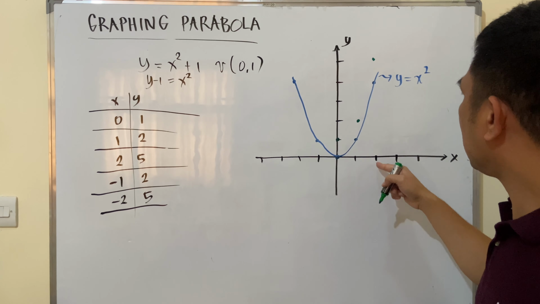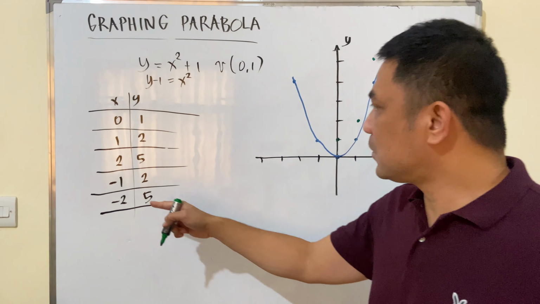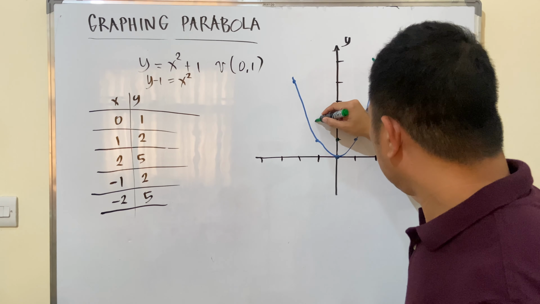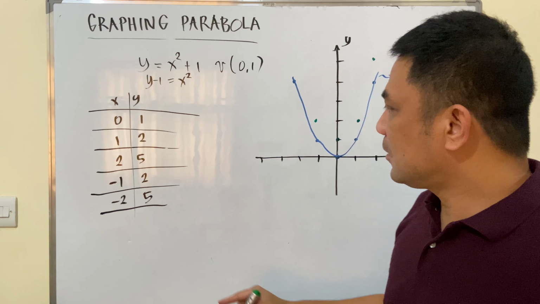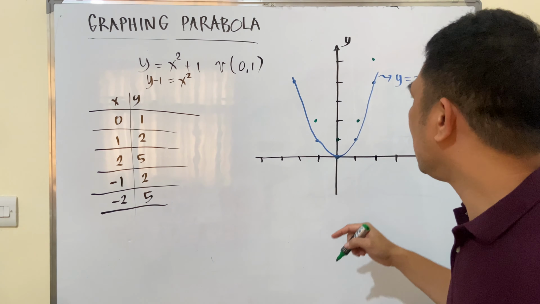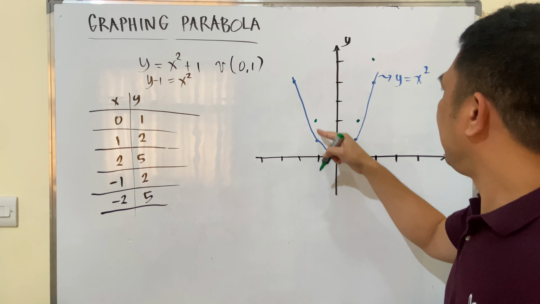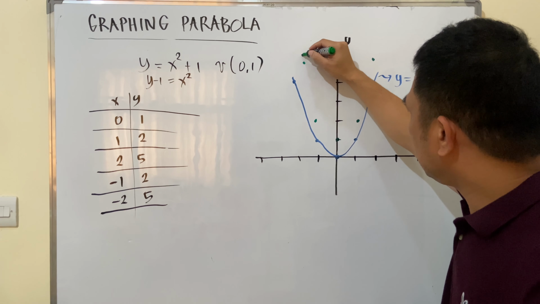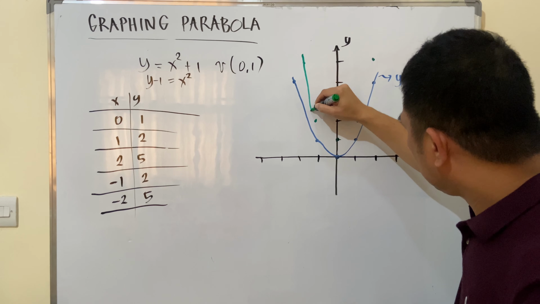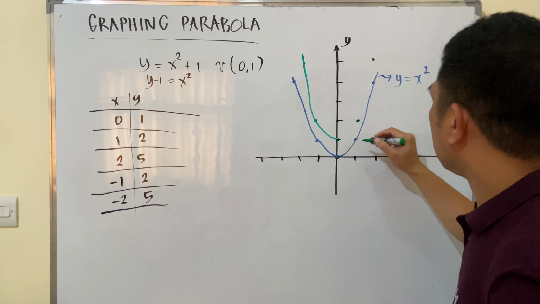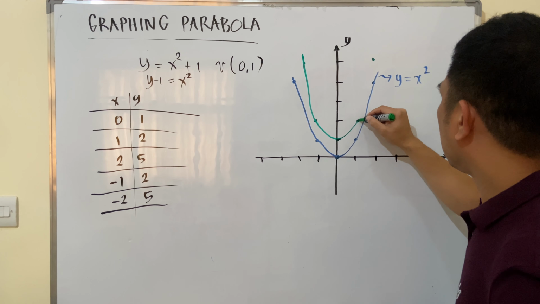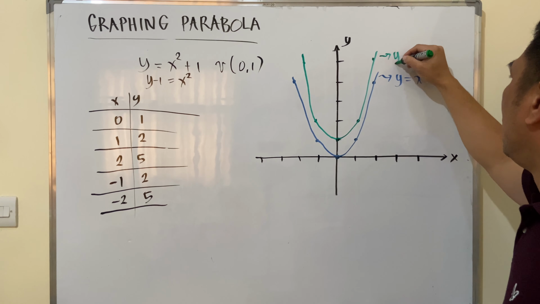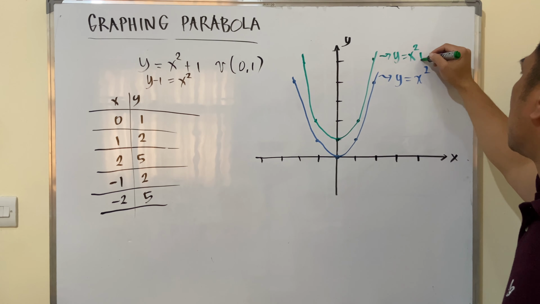Just want to make sure. At x equals negative 1, y is equal to 2. At x equals negative 2, y is equal to 5. So I'll try to connect these points. Okay, so this will now be y is equal to x squared plus 1.